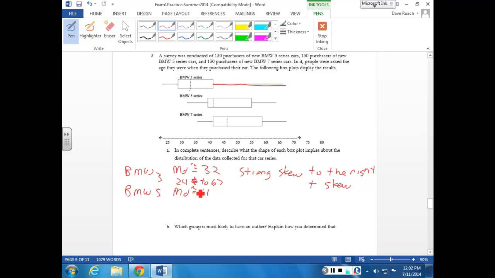It goes from about 35 to maybe 65. Still pretty spread out, but not quite as much. And still some skew, although most of the skew is in this part. You can see that the median is to one side of the distribution. So some skew to the right.